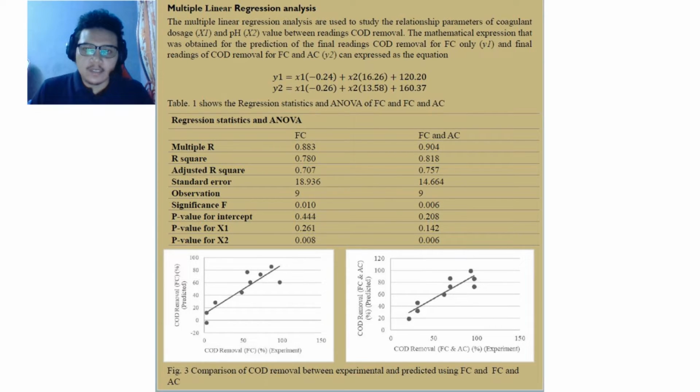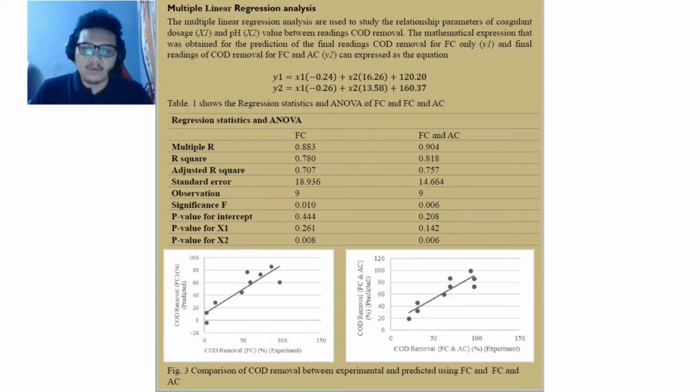The first equation: y1 equals x1 multiplied by negative 0.214 plus x2 multiplied by 16.1026 plus 120.20. And the second equation is y2 equals x1 multiplied by negative 0.26 plus x2 multiplied by 13.58 plus 160.37.